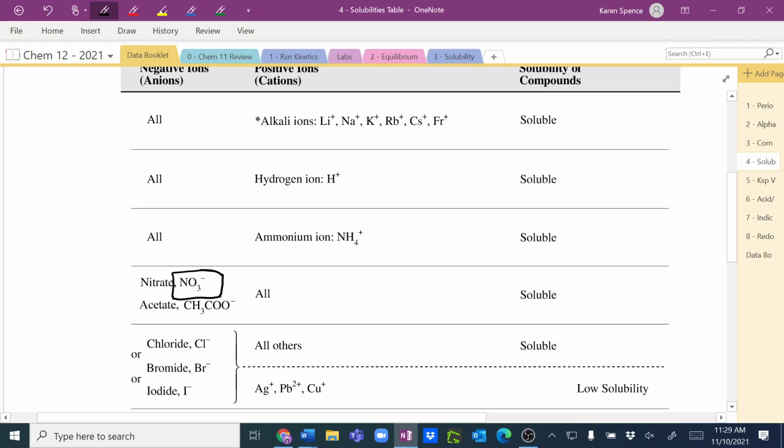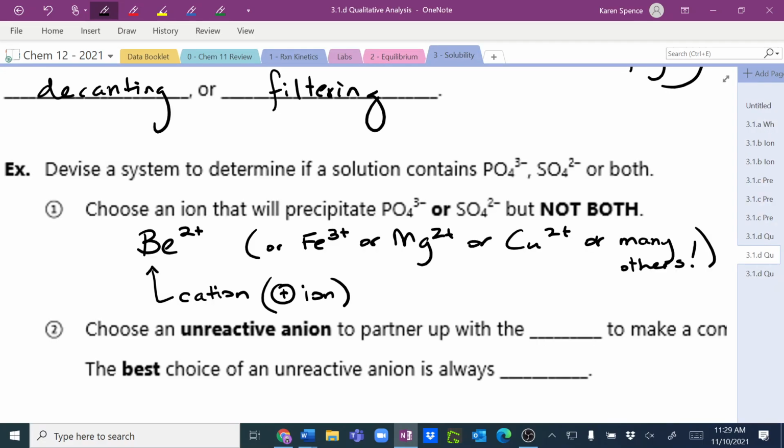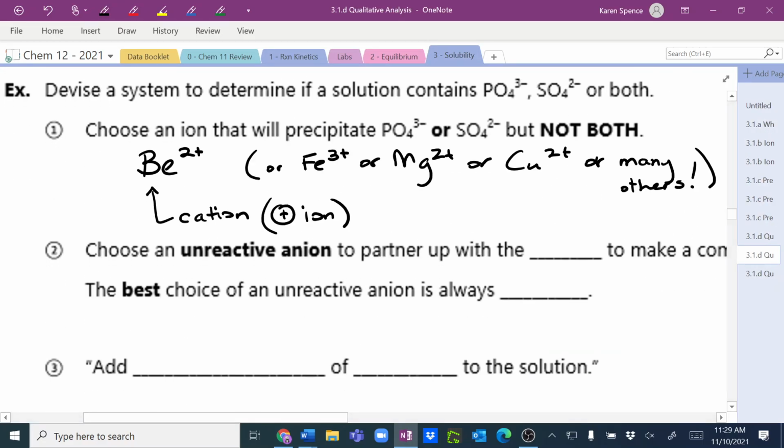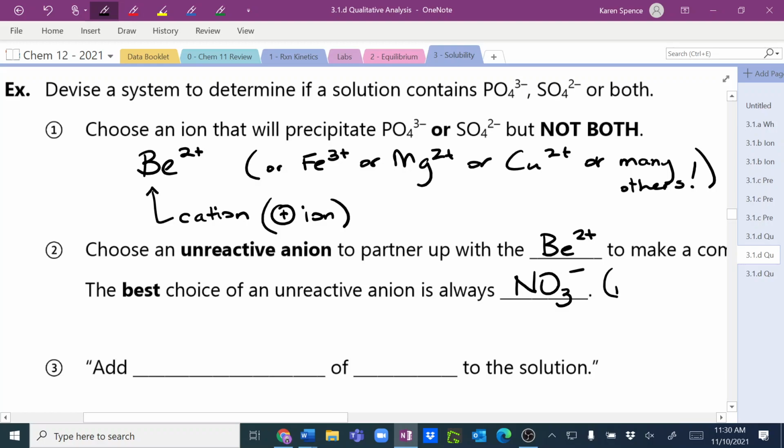So you got Na if you need a cation, you got NO3- if you need an anion. So we need an unreactive anion to pair up with the beryllium. And the best choice is always nitrate.